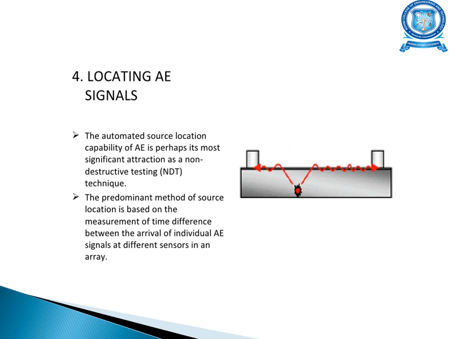The predominant method of source location is based on the measurement of the difference in time between the arrival of acoustic emission signals at different sensors in an array. Here you can see two sensors placed in an array above the test specimen, and the acoustic waves emitted from the cracks are sensed by the sensors.